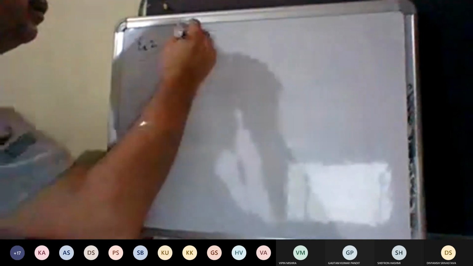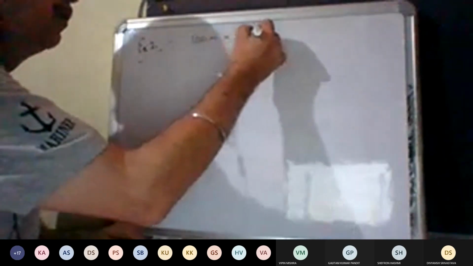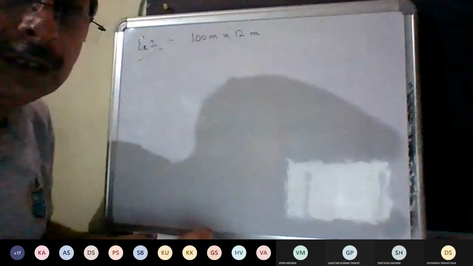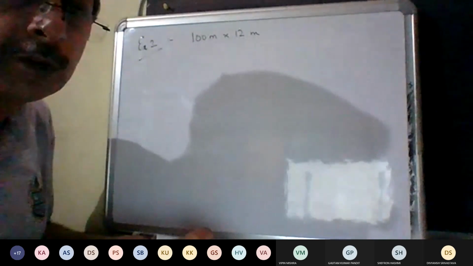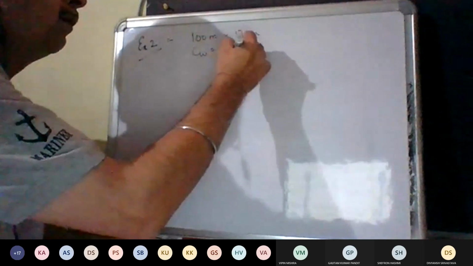So let me come to the questions which are there. I am on example 2. The length and the breadth of the water plane of a ship are 100 by 12, and the coefficient of fineness of the water plane, CW, is 0.7.